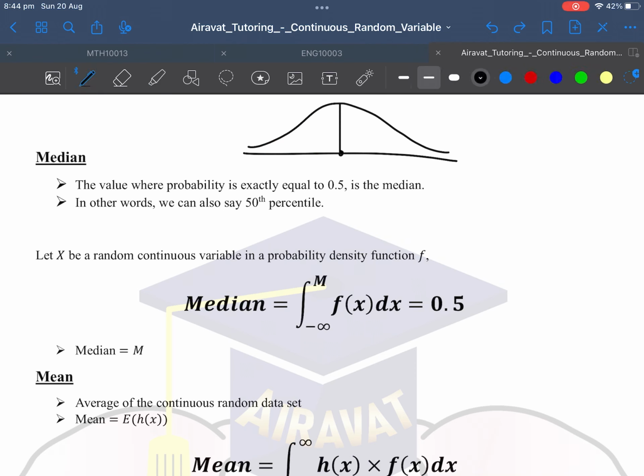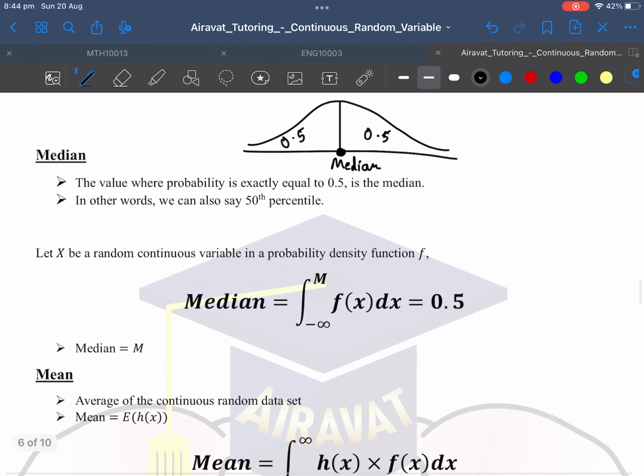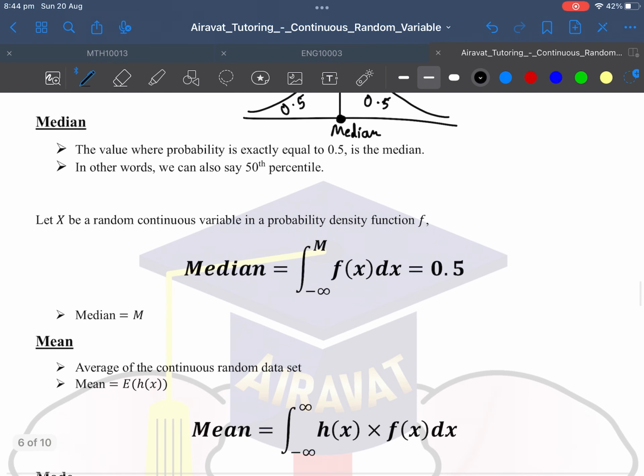So this value on the x-axis is going to be our median. So that's the graphical representation of the median. In other words, we can also say that this is the 50th percentile.